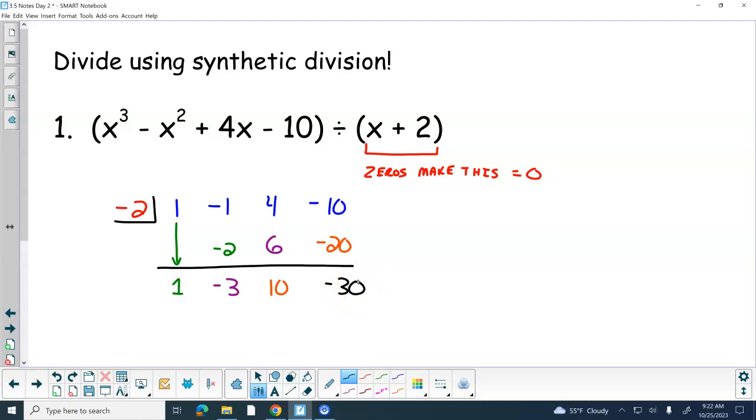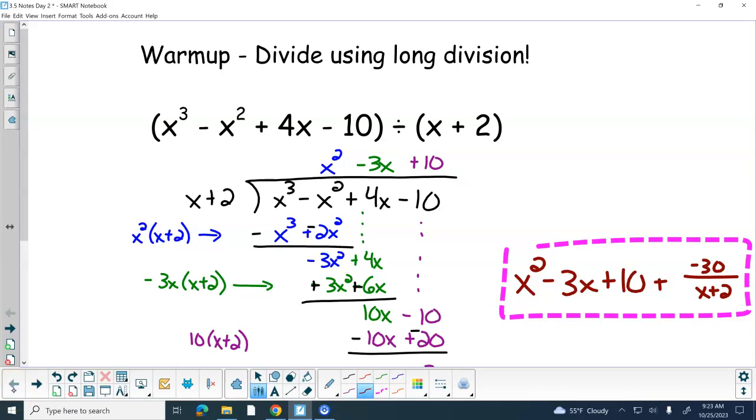Because we started with a degree of 3, we took it down 1 degree. Then our answer is going to be x squared minus 3x plus 10 plus -30 over x plus 2, which should be the same as what we got when we long divided it.